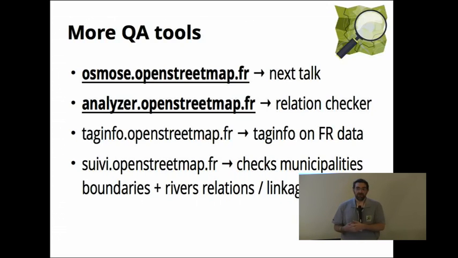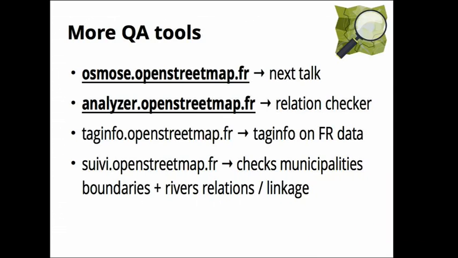So it only covers France data. It's useful because that way we can quickly answer questions from the press or the government about how many supermarkets we have in OpenStreetMap in France. Okay, just look on Taginfo and we have the information.